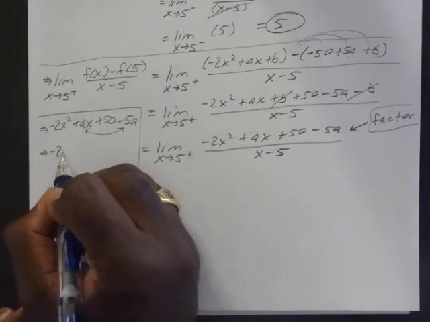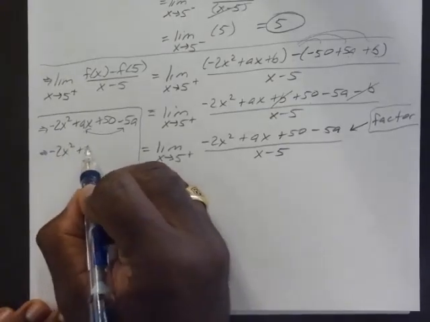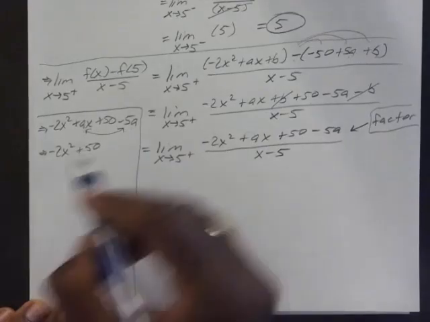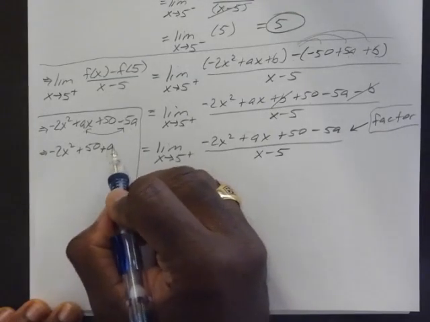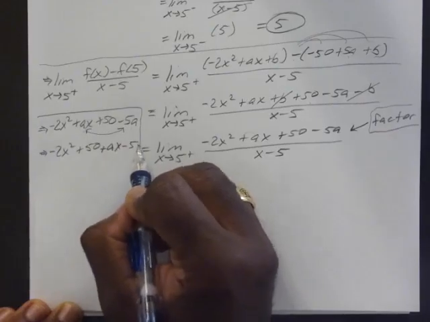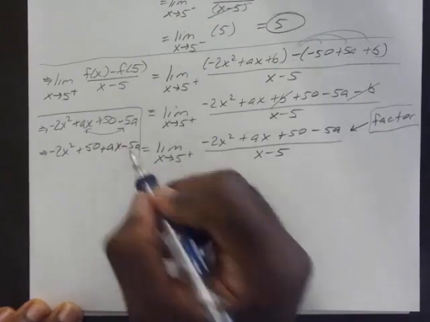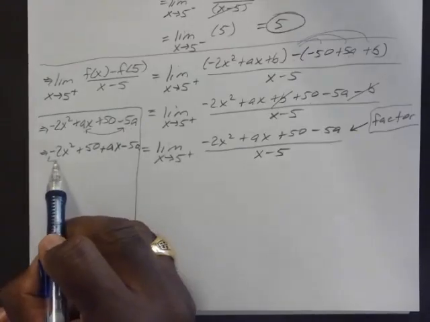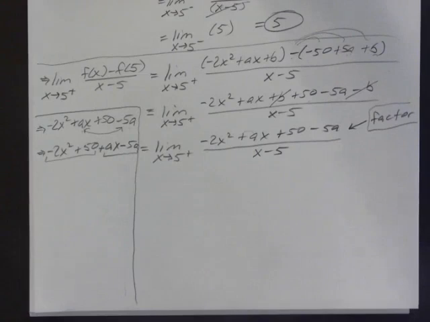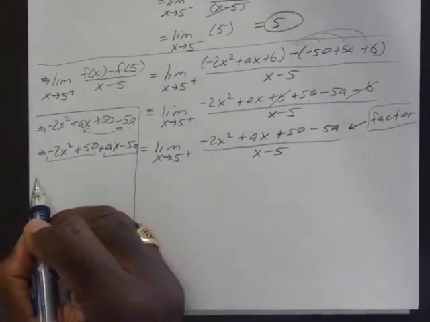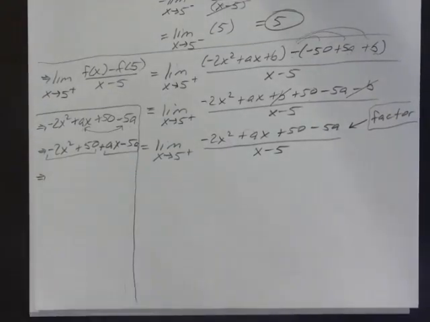So we have negative 2x squared plus 50 plus ax minus 5a. We're going to factor those two subgroups.